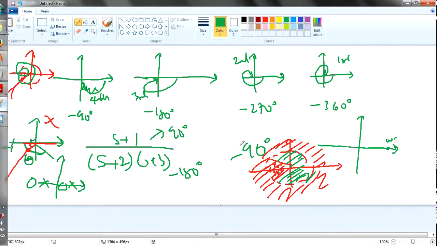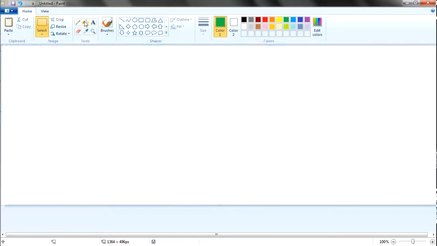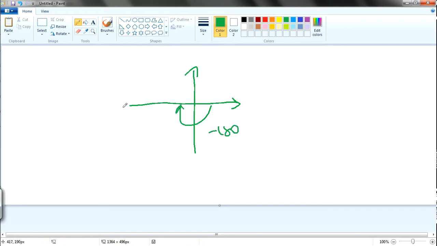Just a quick touch up, and then we can call it a day. If you want to find the real axis crossing, you set the phase to negative 180 degrees, so the tangent of the angle equals whatever your transfer function gives.